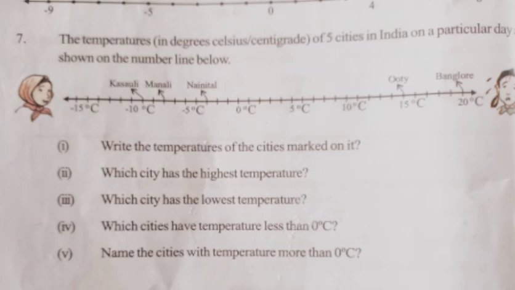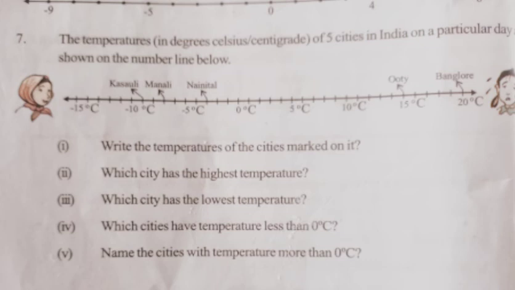You can see here one number line actually. On the number line they have given the temperatures of 5 cities on a particular day. The temperatures recorded on that particular day are plotted on this number line. So we have to look very carefully at which 5 cities they have given.